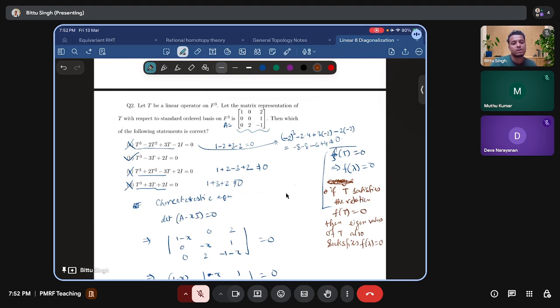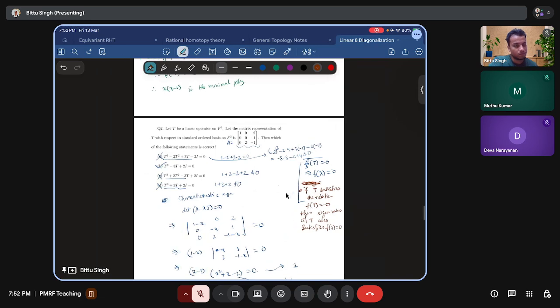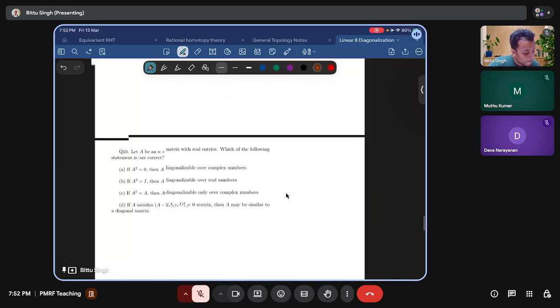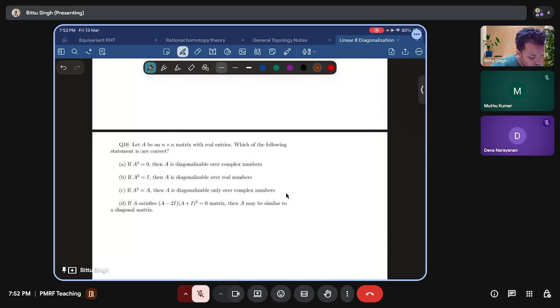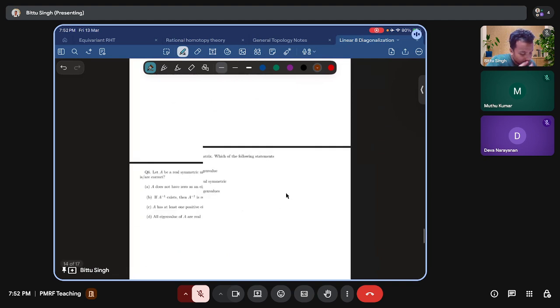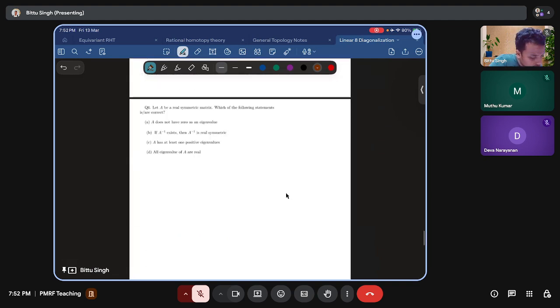So the reverse direction is more relaxed and easier to prove actually, reverse to the Cayley-Hamilton theorem. There are several other exercises you can prove actually.